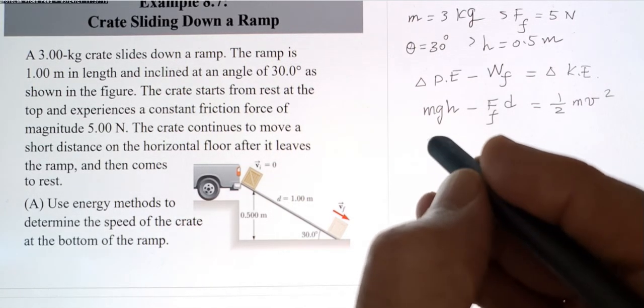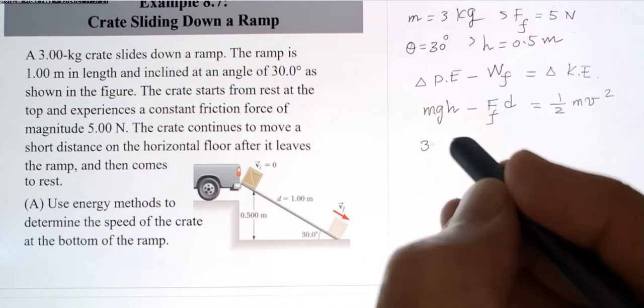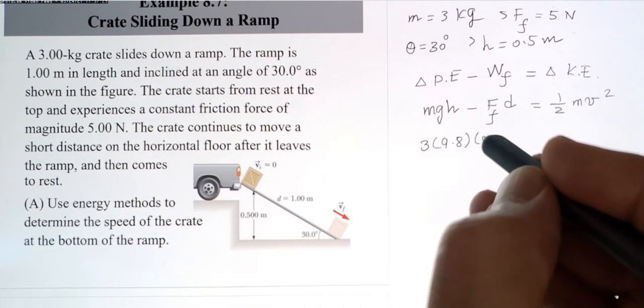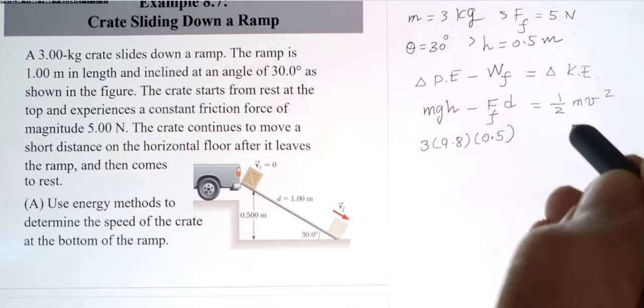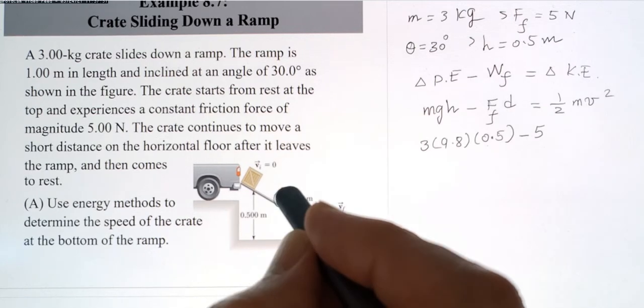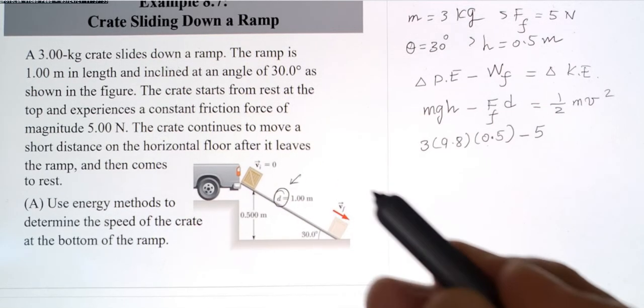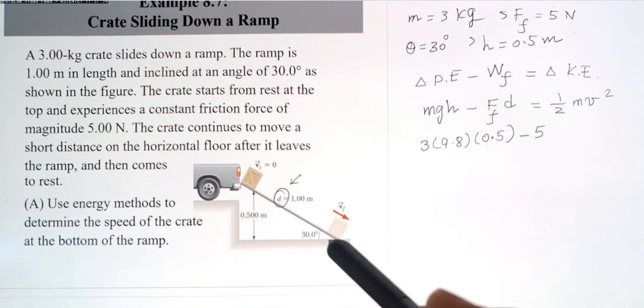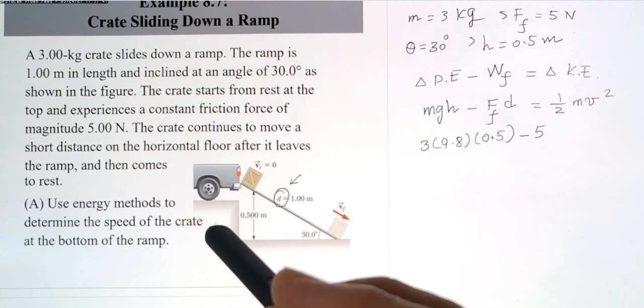Let's put the numbers: 3 kilograms, 9.8, h is half a meter, minus the force of friction, which is 5, and d is 1 meter. He already gave us d, and d sine 30 is equal to half.